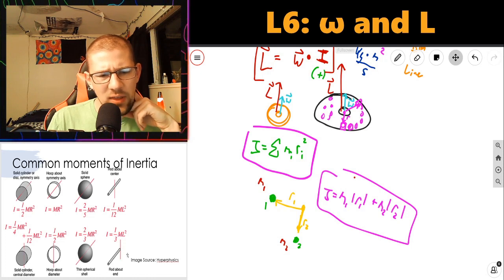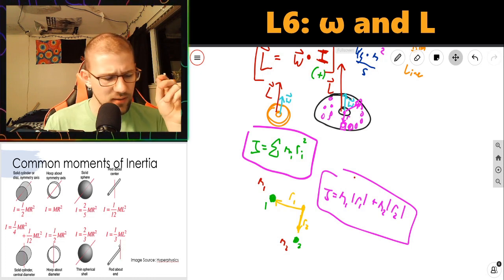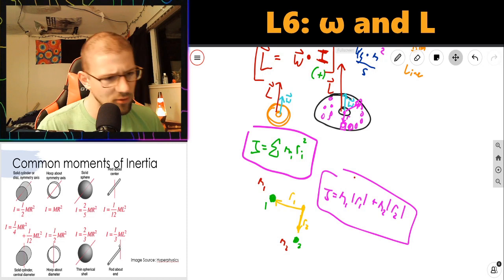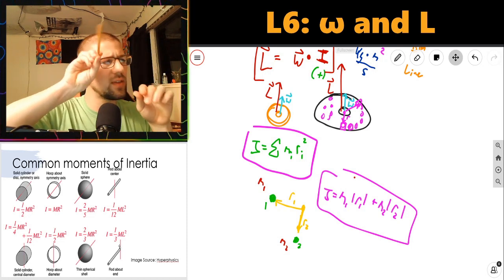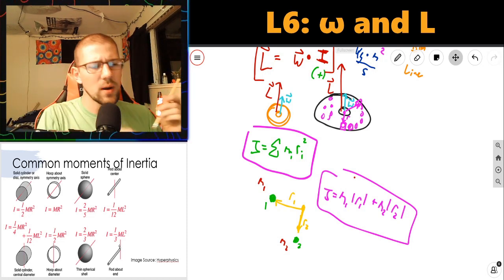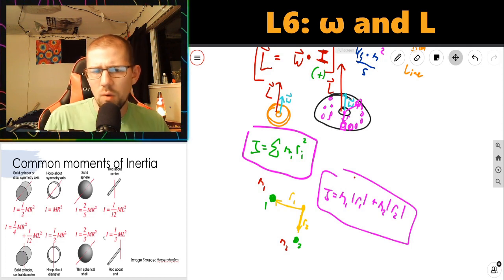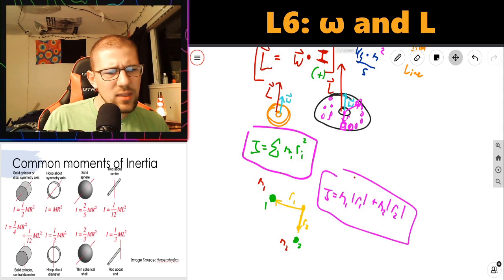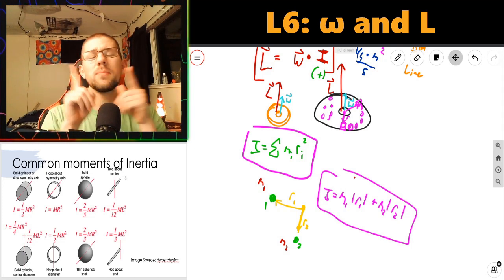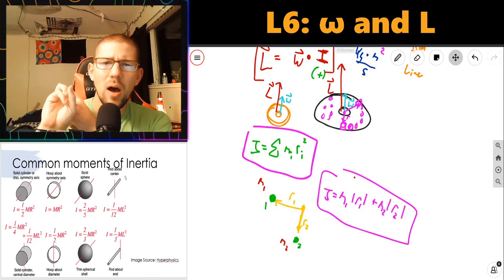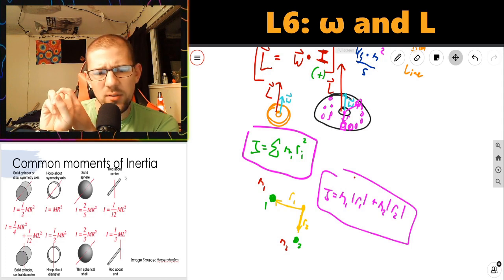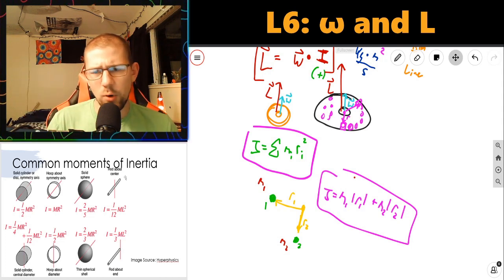If I rotate the rod about its end, like the eraser of the pencil instead of the middle of it, then my moment of inertia is much larger. It's actually 4 times larger. So again, intuitively, the moment of inertia increases with greater mass and when the stuff is more spread out away from the axis of rotation.